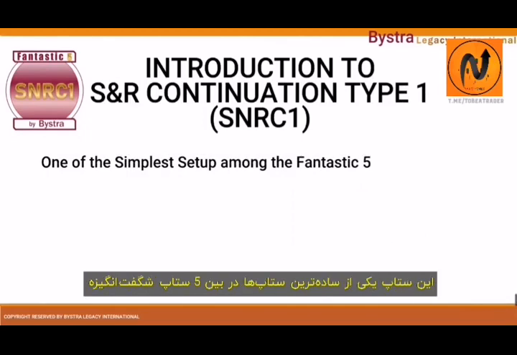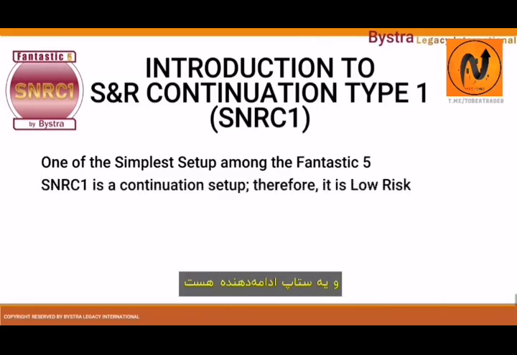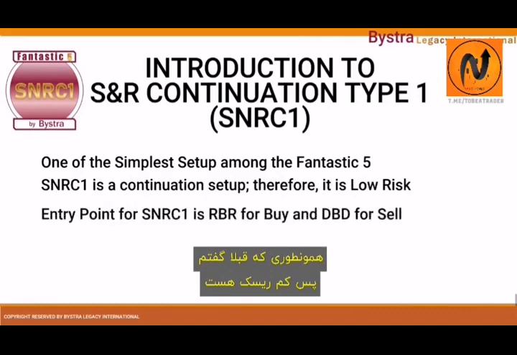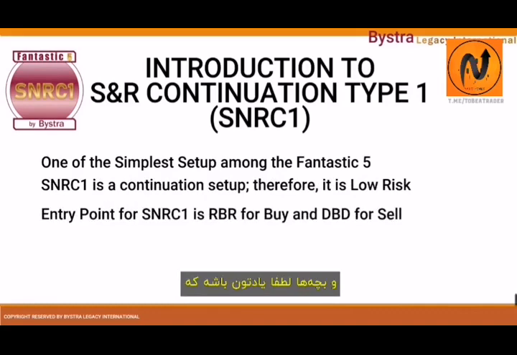It is one of the simplest setups among the Fantastic 5 setups, and it is a continuation setup, as I said earlier. Therefore it is low risk. And guys, please do remember that the entry point for the SNRC1 is the rally base rally for buy, whereas the sell will be looking at the drop base drop.